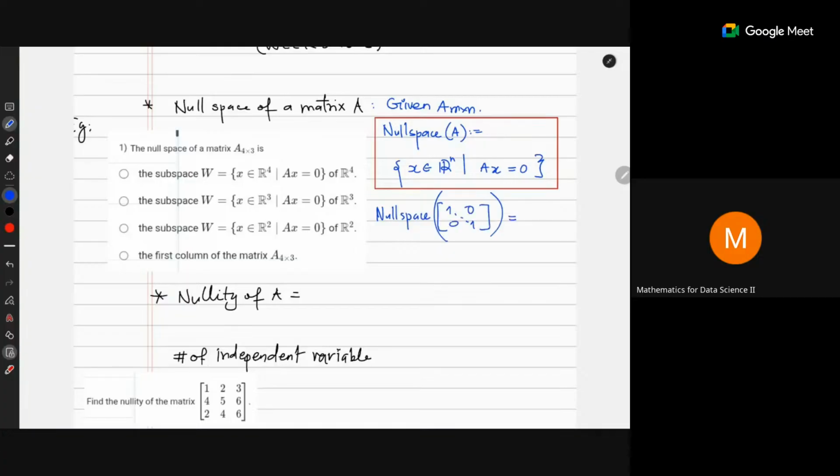It will be a singleton set containing only the zero vector. Correct. So it will be just the vector 0, 0, 0, n many times.